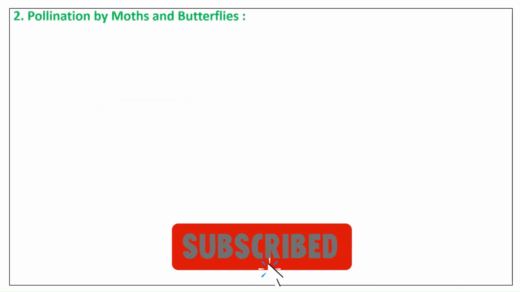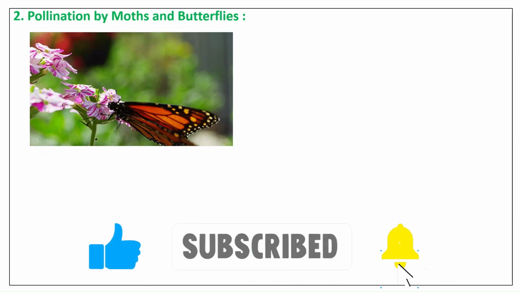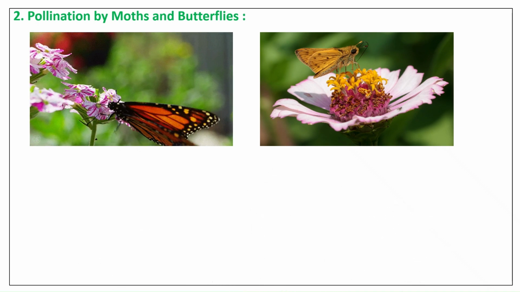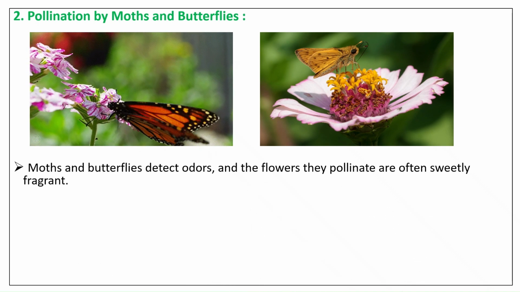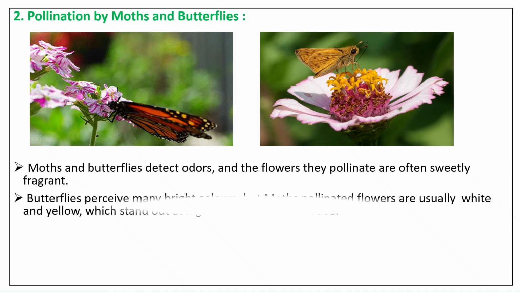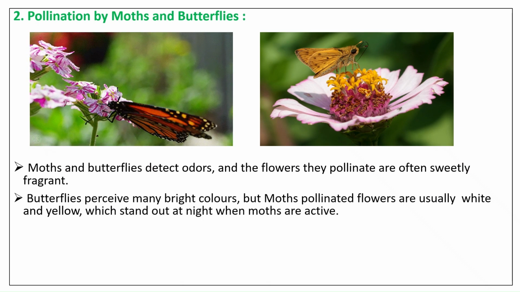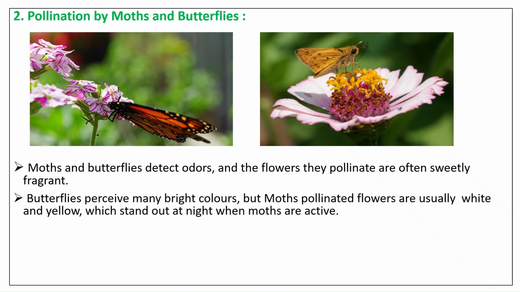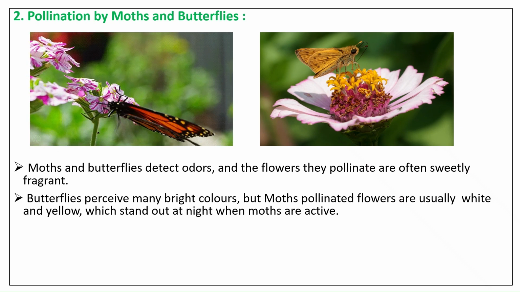2. Pollination by moths and butterflies. Moths and butterflies detect odors, and the flowers they pollinate are often sweetly fragrant. Butterflies perceive many bright colors, but moth-pollinated flowers are usually white and yellow, which stand out at night when moths are active.